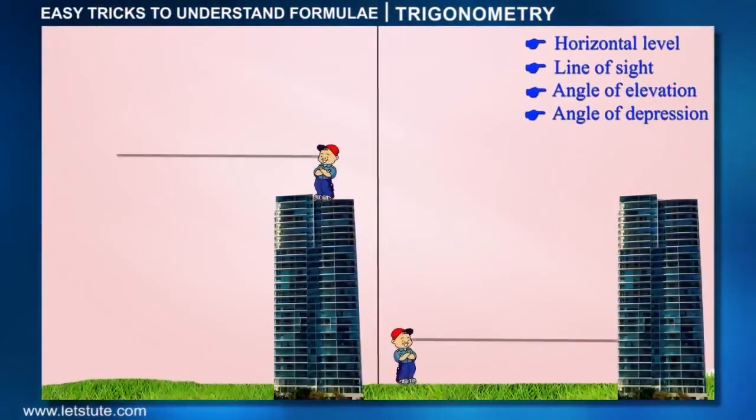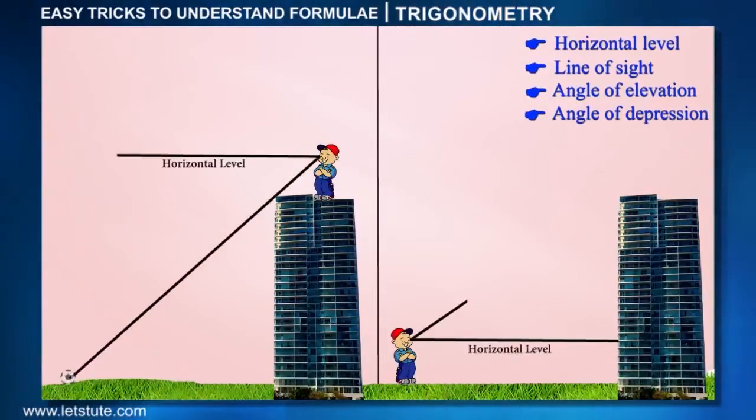So when we look straight or parallel to the ground, the line is called horizontal level. Now the line from an observer's eye to a distant point is called line of sight. And then whether the observer is on the ground or on top of a building, that line will be the line of sight only.